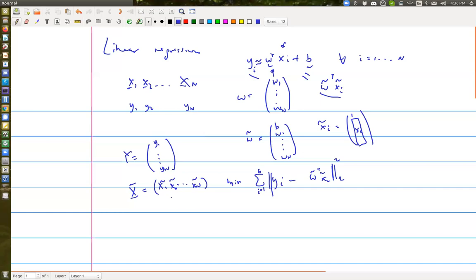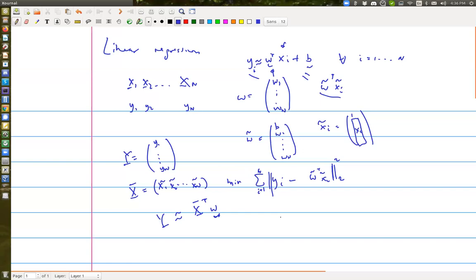So then you look at this: I should have X transpose multiplied by W that I hope to be close to Y. Solving for W is just solving a least squares error problem.